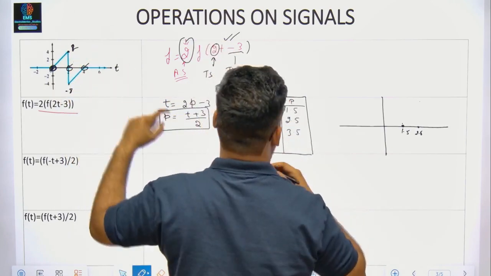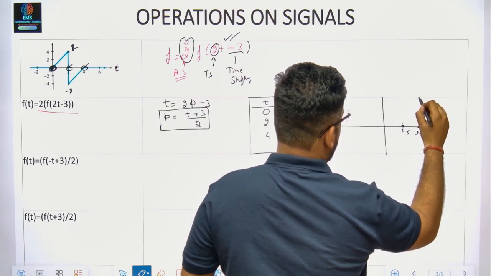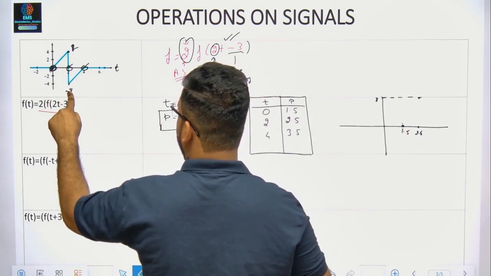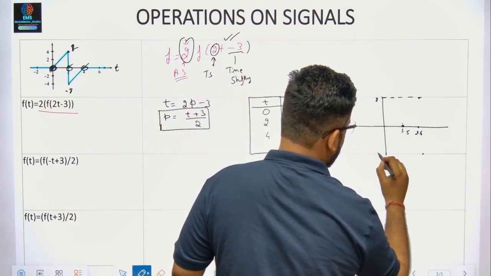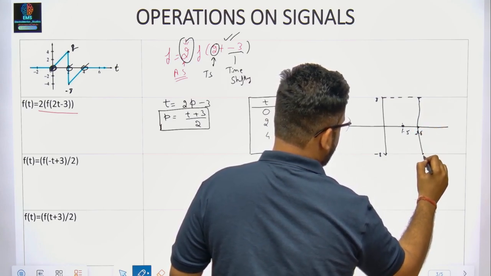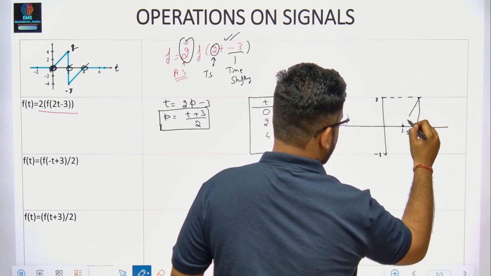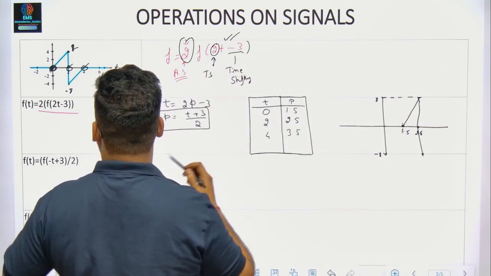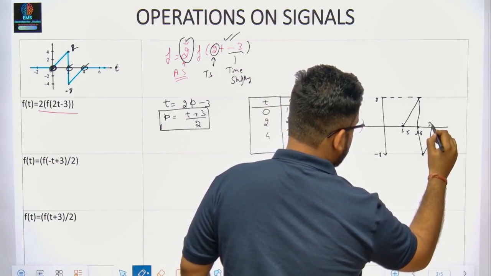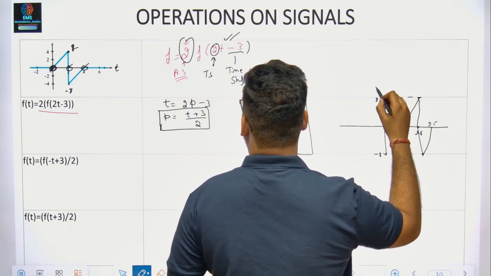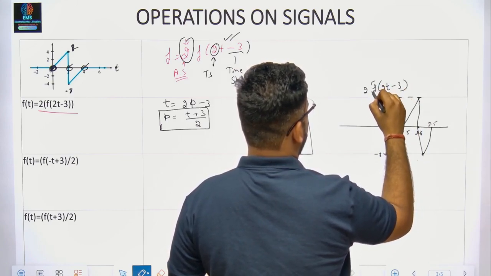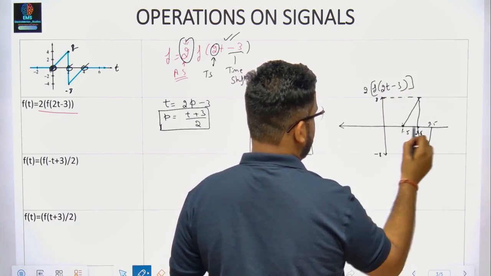Multiply by this 2 will give me 8. Let's put this as 8. And there's another value, minus 8, at the same point. So let's say this is minus 8. So I've got the value at 2.5. And whatever it was at 4 is plotted at 3.5. So this is 3.5. So this is f of 2t minus 3, the whole thing, equal to this.